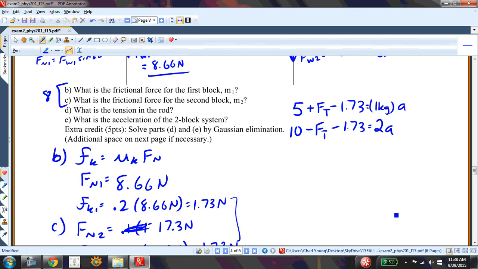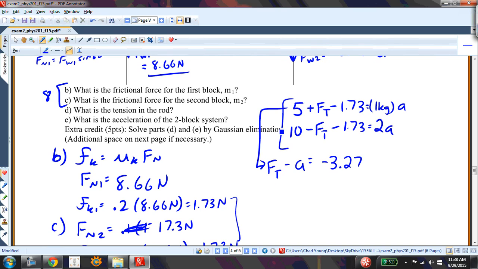I'll set them up in a slightly different way. I'm going to take these two and rewrite them a little bit. I have Ft minus a equals negative 3.27. What I've done there is I've just solved this for Ft minus a. I'm doing this to set it up for the matrix mode, Gaussian elimination, but I'm going to solve it by substitution first.